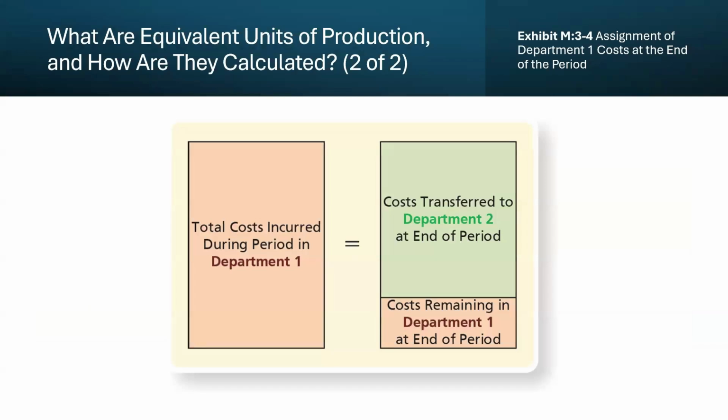Here you see in Exhibit 3-4, it illustrates the point that all costs must be accounted for. They must either remain in the department or be transferred to the next department.